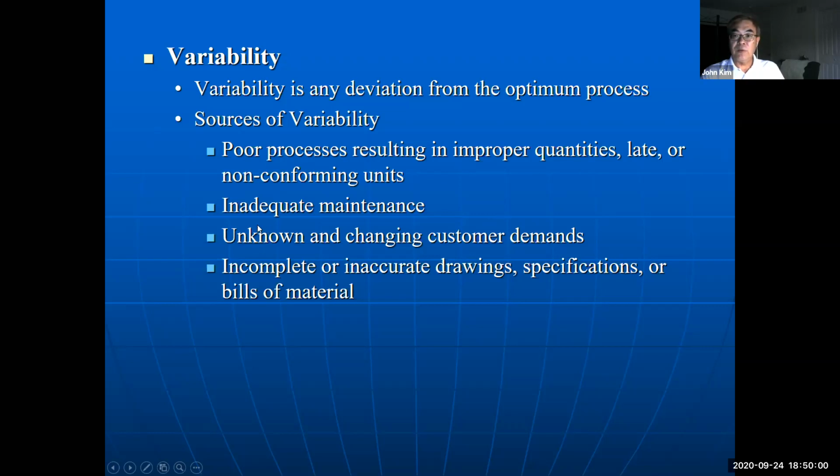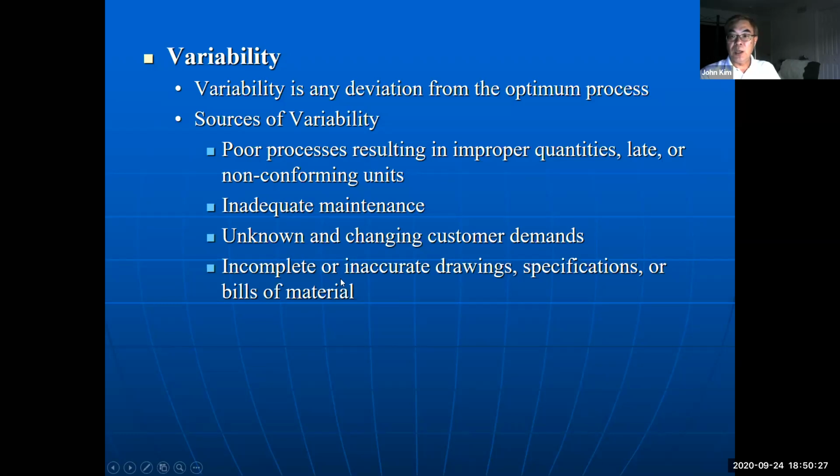And inadequate maintenance, because of not proper maintenance, the machine malfunctions, and then a delay. Unknown and changing customer demand can also be a cause of variability.